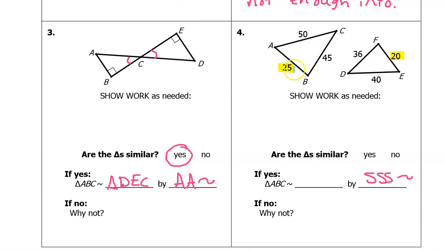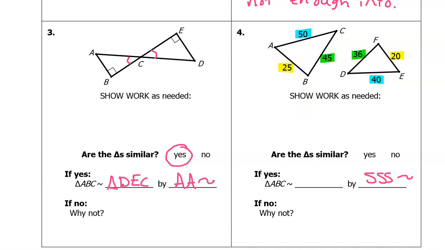Now let's switch for the biggest. 50 is the biggest on this triangle, 40 is the biggest on this triangle, so those would be corresponding if these triangles are similar at all. That leaves the 45 and the 36 to be corresponding. To figure out whether or not these corresponding sides are proportional, we need to make little fractions out of them.